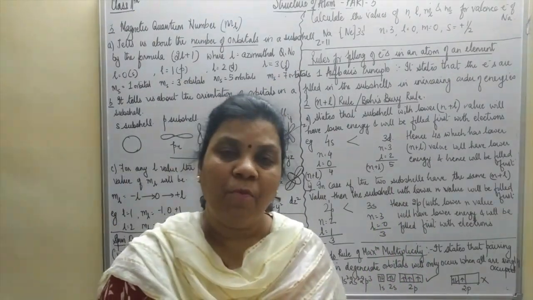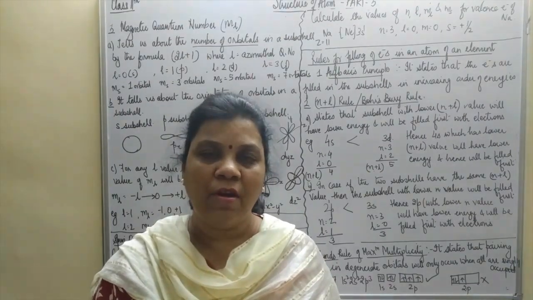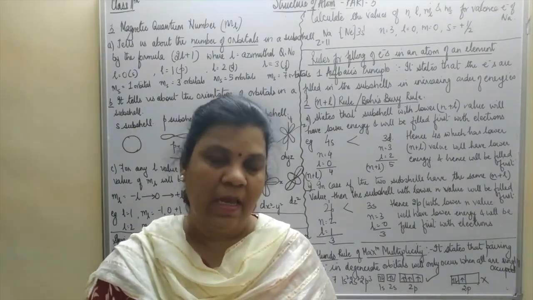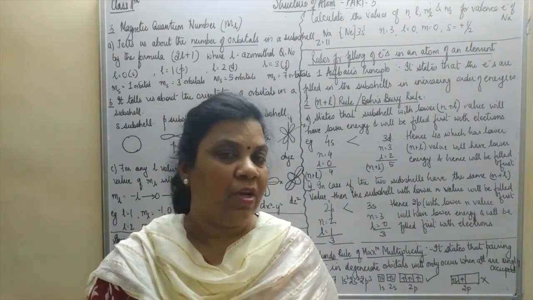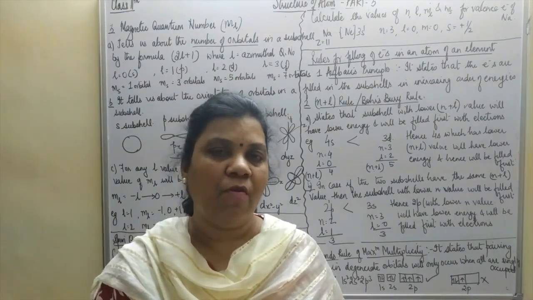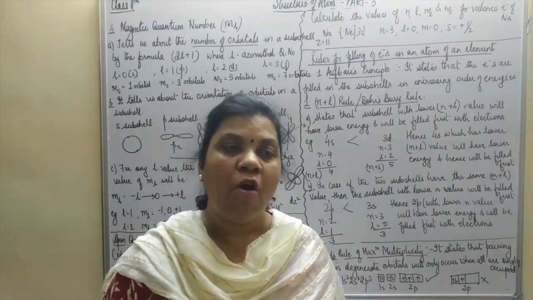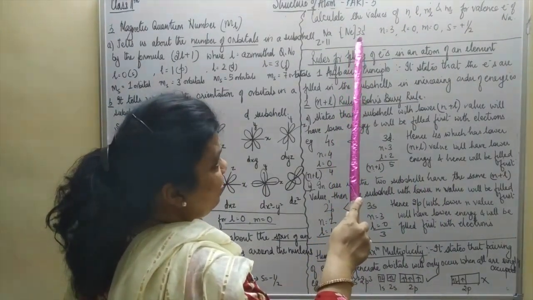In all such questions, you will first be required to write the electronic configuration of the given element. We have already learned in our previous video lecture, Structure of Atom Part 1, how to write the electronic configuration of elements. So for sodium, how will we write? Neon 3s1. This is the valence electron.